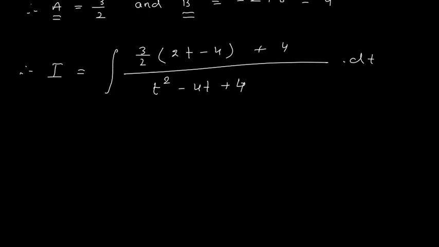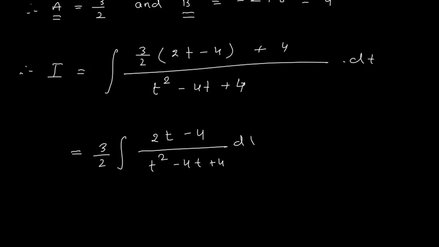So I will split this and write it as 3 upon 2 times the integration of (2t minus 4) over (t square minus 4t plus 4) dt, plus the integration of 4 times 1 upon t square minus 4t plus 4.